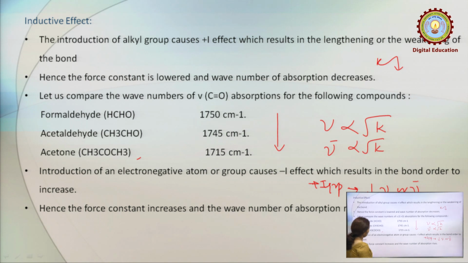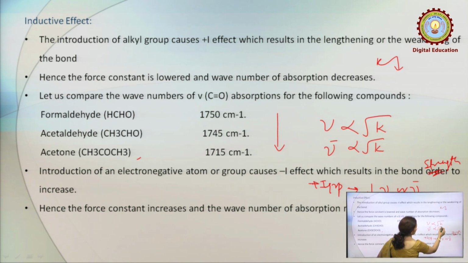Now, we are going to discuss the minus I effect on the absorption frequency or wave number of absorption. Introduction of an electronegative atom or group causes the minus I effect, which results in the bond strength increasing. The minus I group attracts electrons, which means the bond becomes strong, so the force constant increases.